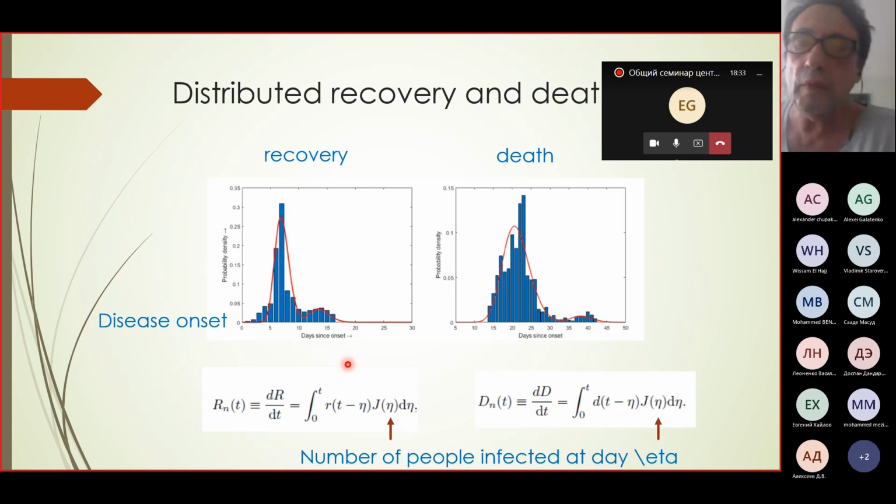And like that, with this integral, we obtain the newly recovered, or in other words, dR/dt, and the same for dead. So I summarize. This is quite straightforward, but it's important to understand that once we know or introduce the number of new infections, we can calculate the number of recoveries and the number of deaths at every moment of time. Of course, we need to know these distributions.